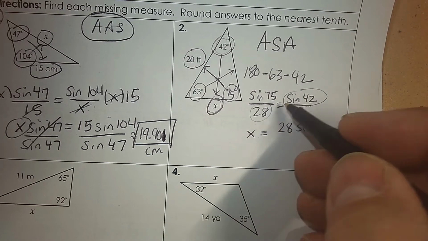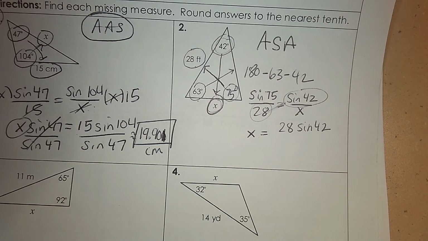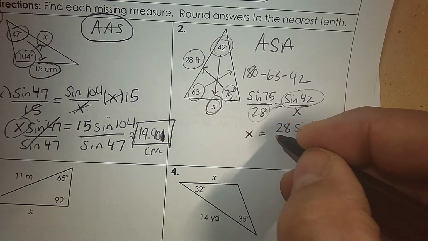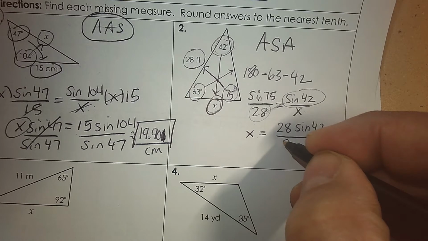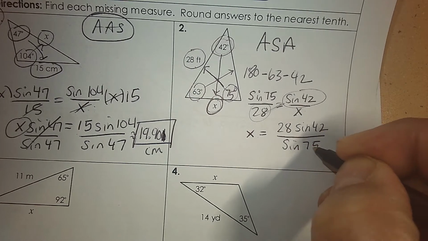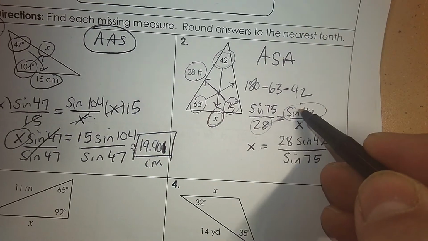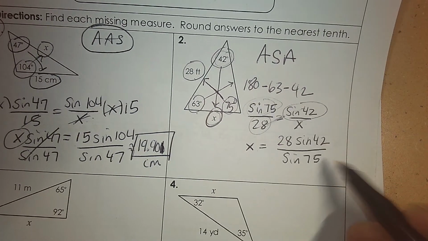You're going to go 28 times sine 42. Then, when I multiply the other direction, what will you divide by to get x by itself? So we practice that in one step: multiply and divide. Now use your calculator.